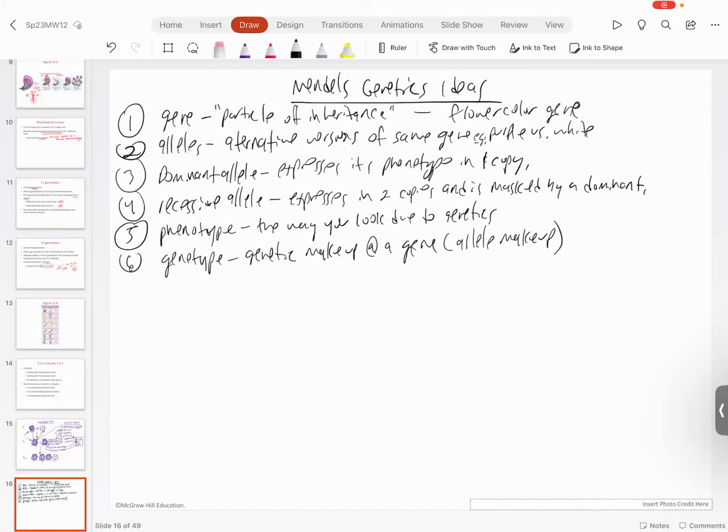Now, normally, we like to think that the relationship between genotype and phenotype is one-to-one. And in the Mendel situation, it is. But in most other situations, it isn't, right? Your phenotype, the way you look, is actually a complex of genotypic things, that is genetic things, allele things, plus non-genetic things.